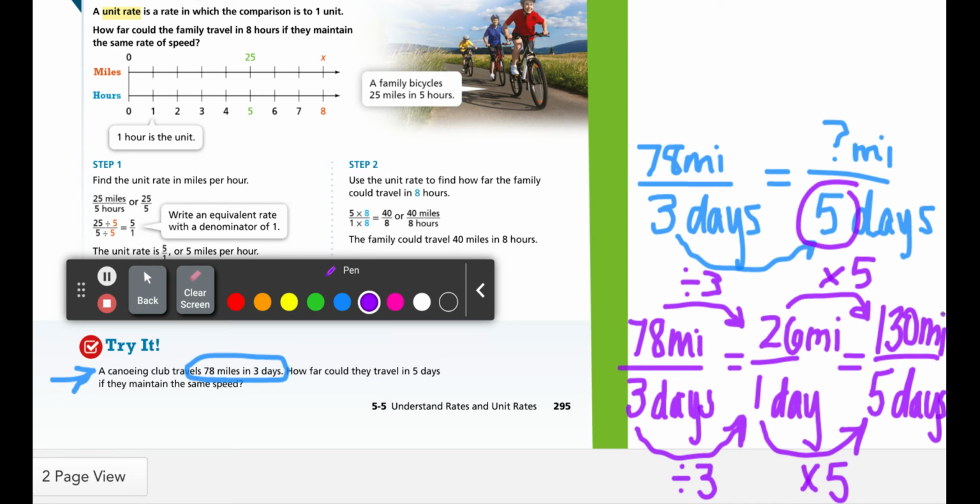So let's use our cross multiply then divide here to see if it matches. 5 times 78, 390 divided by 3 is 130 miles. It checks. So for a question like this, again, it tells you to use the unit rate. So we're using the unit rate. That's what we're practicing. But then you can check it using the cross multiply then divide.